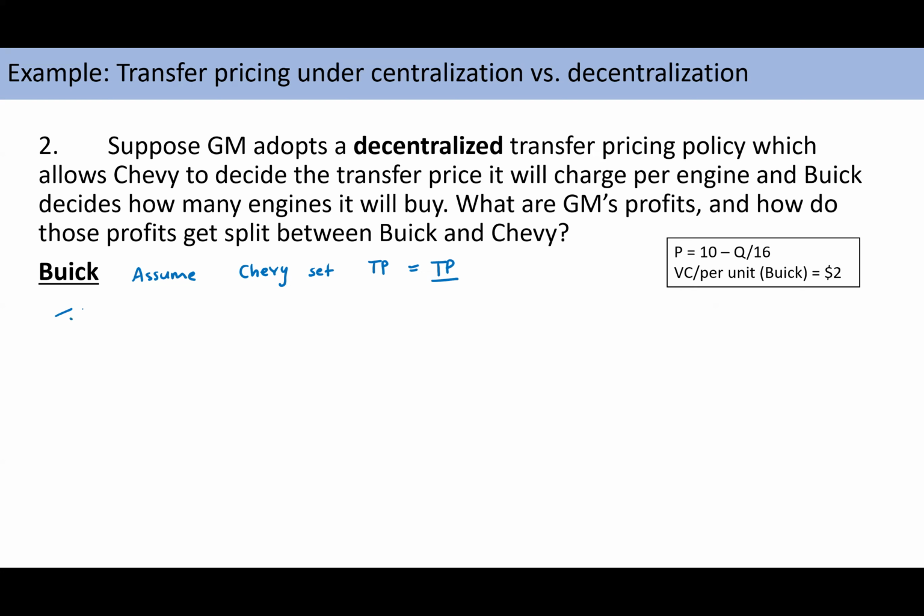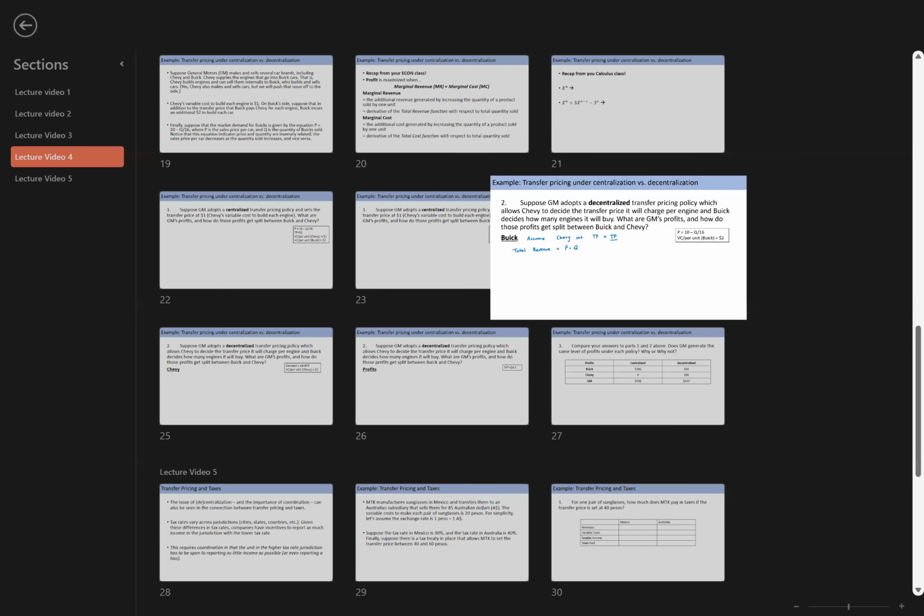So that goes back to finding Buick's point, the point where Buick's marginal revenue equals marginal cost. We're going to start with the total revenue for Buick, which is P times quantity sold.